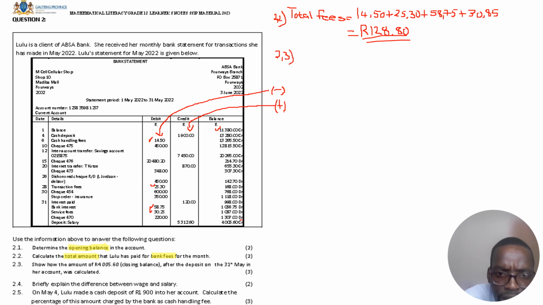That's question 2.3. Question 2.3 would now mean that the balance is equal to, now this person here had 5,312 and 60 cents that was deposited.